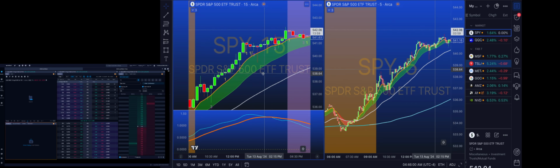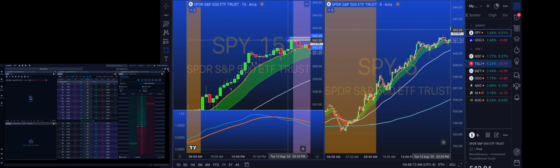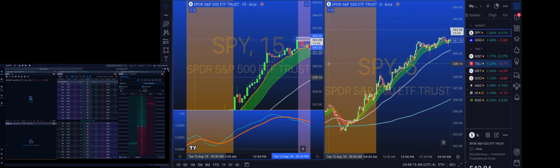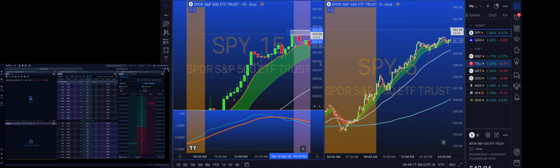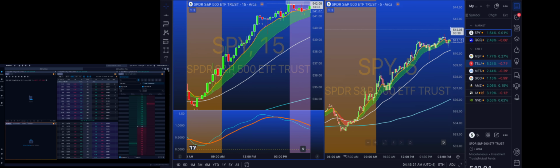The SPY, I just basically have a resistance area. I'll draw this zone, but I don't really like it, so I probably won't be trading the SPY today. I like to have more wicks, longer wicks into another body.